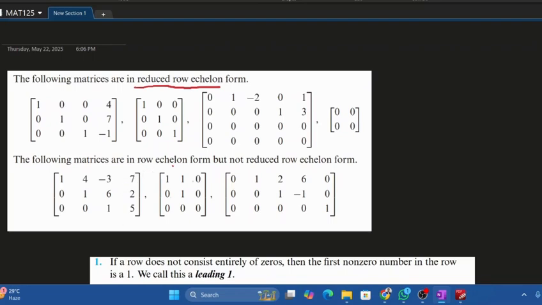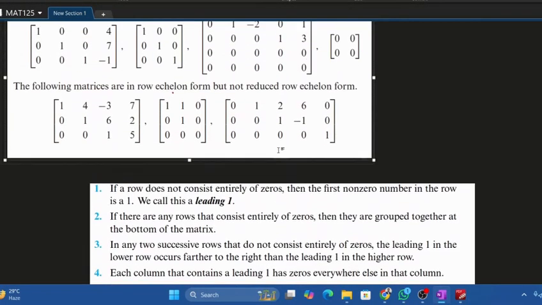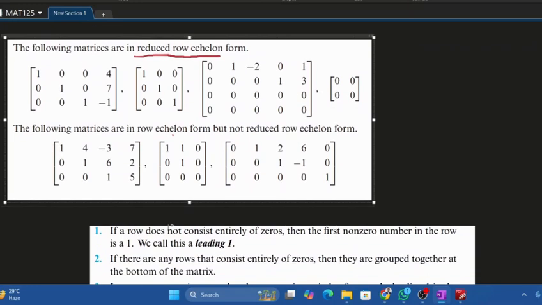So what is a row echelon form and what is a reduced row echelon form? Let's understand those first. To achieve row echelon form, we have to have these 4 properties. First, if a row does not consist entirely of zeros, that is, if a row does not have all entries 0, then the first non-zero number in the row is a 1.